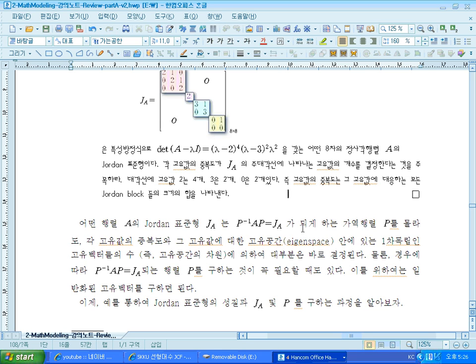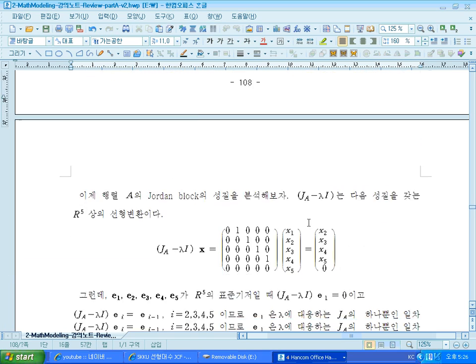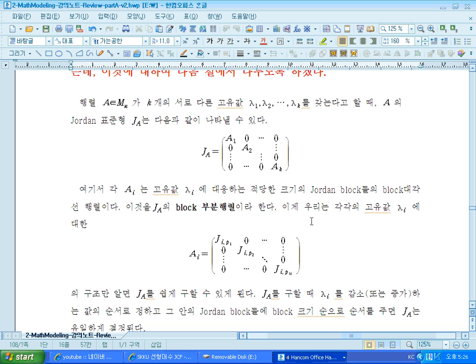The way of doing so is checking the rank of A, the rank of A minus lambda I, then the rank of A minus lambda I squared, cubed, and so on.